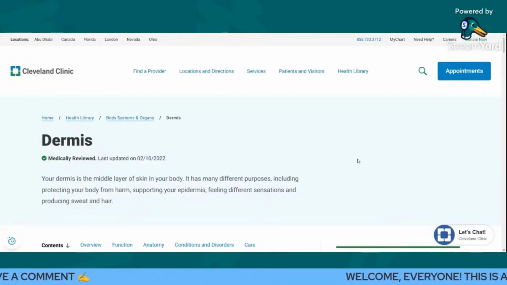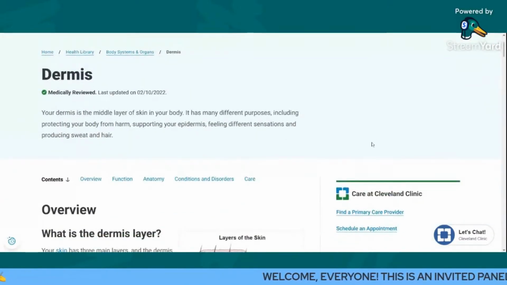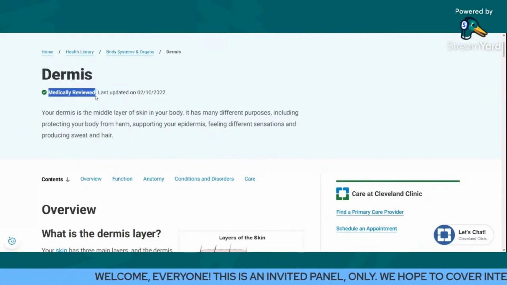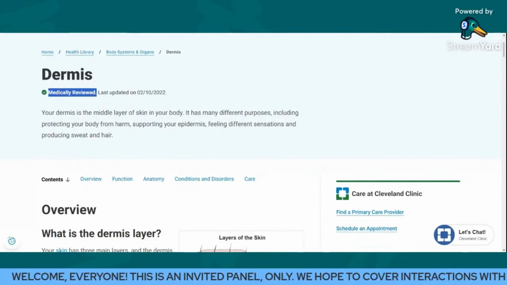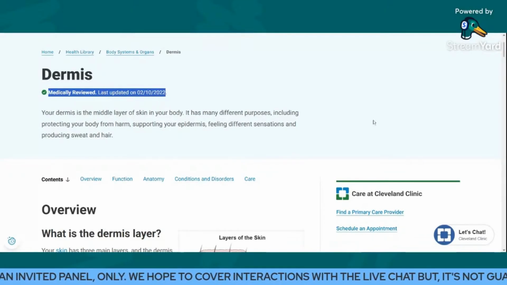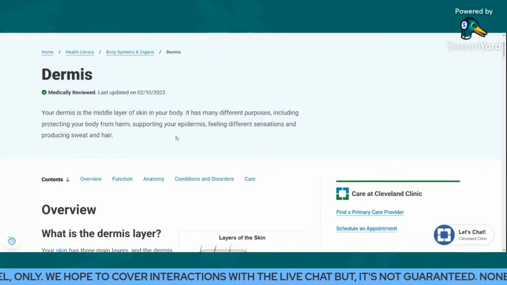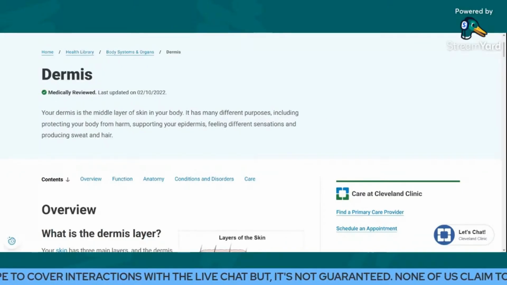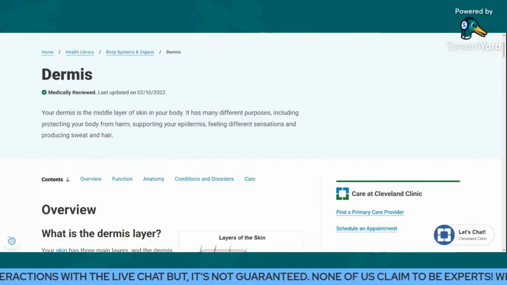Right, so dermis. This article is medically reviewed. It was last updated on the 2nd of October 2022. This says your dermis is the middle layer of skin in your body.